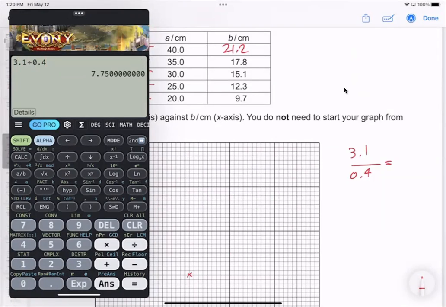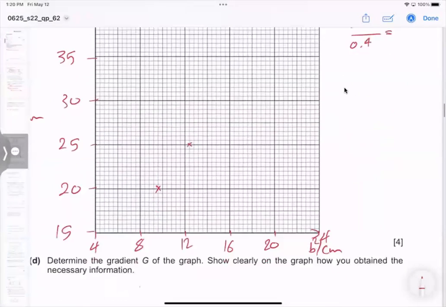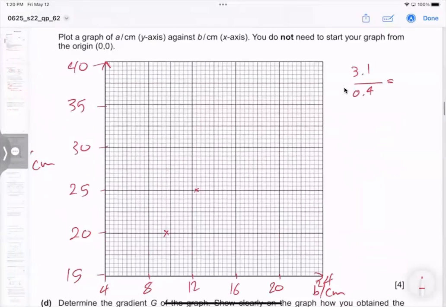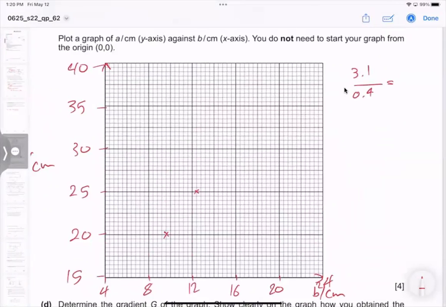It's about 8 divisions. So after 12, we are going to move by 8 divisions at 30: 1, 2, 3, 4, 5, 6, 7, 8. It's not exactly 8, so before 8 a little bit, we are going to put it like this. Here is the third point.